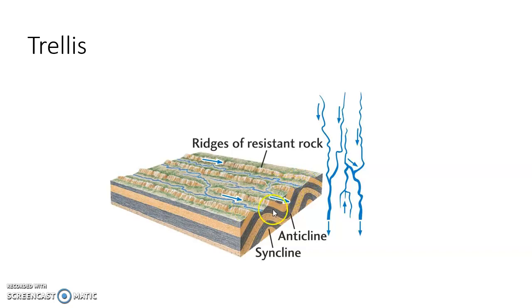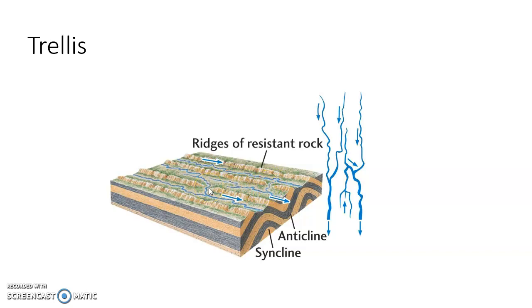And because this is a fold that's been weathered and eroded, we have these ridges of the harder resistant rock, that it says right there, resistant rock. So we have these ridges of the harder rock, and then in between the ridges, we have the shale that was weathered out more easily. And we end up with this, at the surface, this ridge pattern with some breaks and gaps in between.